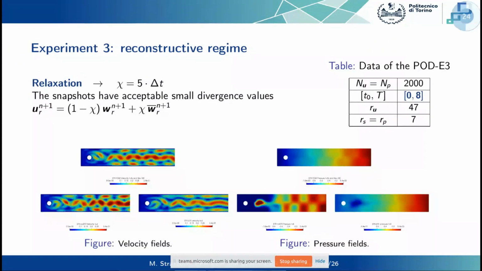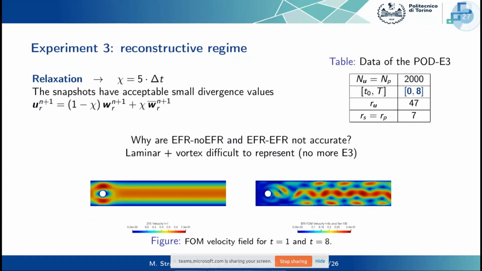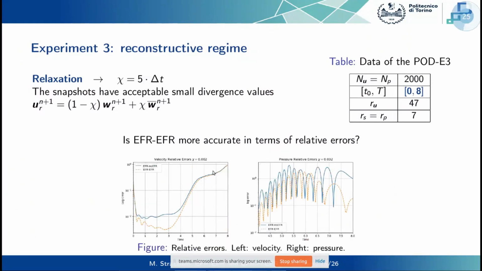Because the combination of the two strategies, the two behaviors, is really difficult to be recovered with the POD, right? So if the POD is not well representative, no matter if you are doing stabilization or not, you are losing accuracy with both of them. I think that this is related to the construction of the spaces somehow.